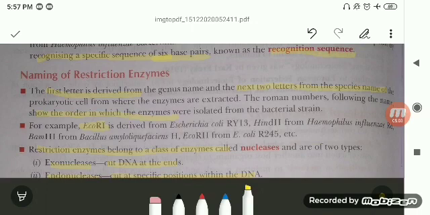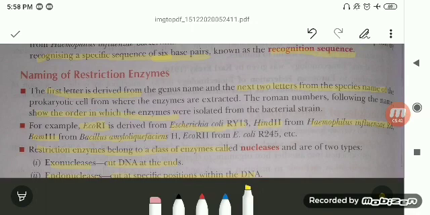R is the strain and the number is 13, and the Roman number I shows it was the first. So EcoRI is the name of the first restriction enzyme derived from Escherichia coli RY13. Similarly, HindIII from Haemophilus influenzae Rd, BamHI from Bacillus amyloliquefaciens H, and EcoRII, again with its own strain.